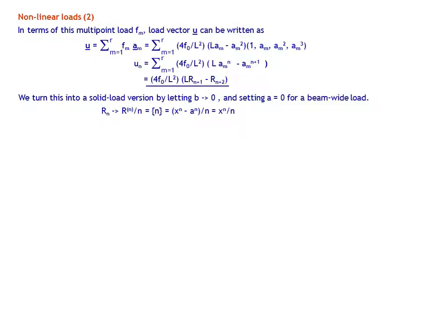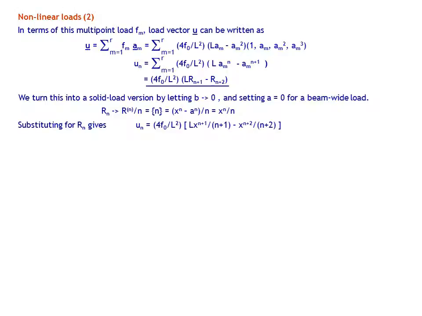We know from earlier that as b goes to naught, Rn goes to R bracket n over n, which is equal to curly brackets n, which is defined to be x to the power n minus a to the power n all over n, which reduces to just x to the power n over n here, as the load covers the whole beam, so a is equal to naught.